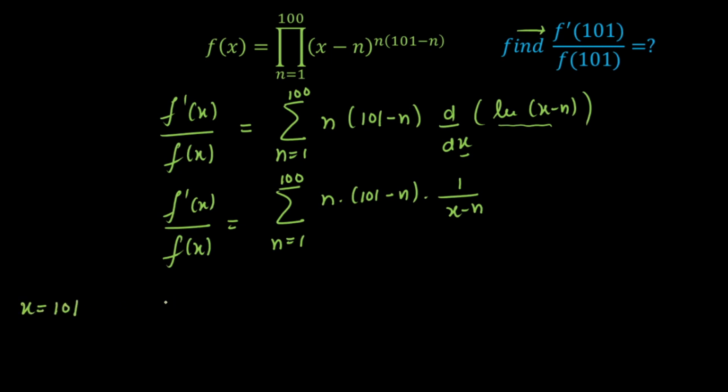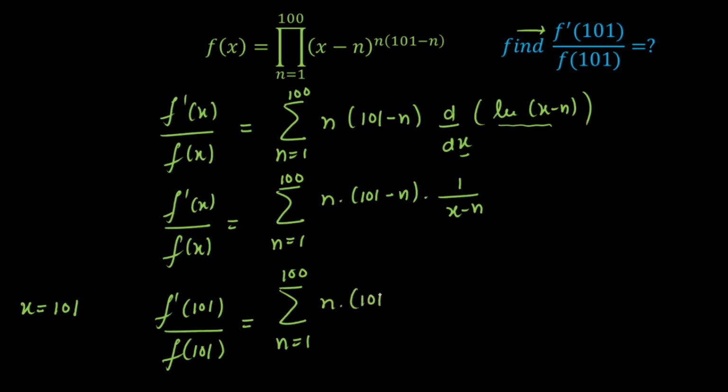After putting x equal to 101, we get f dash of 101 upon f of 101 equal to the summation, n varying from 1 to 100, of n into (101 minus n) multiplied by 1 upon (101 minus n). As you can see, I have replaced x with 101 here.